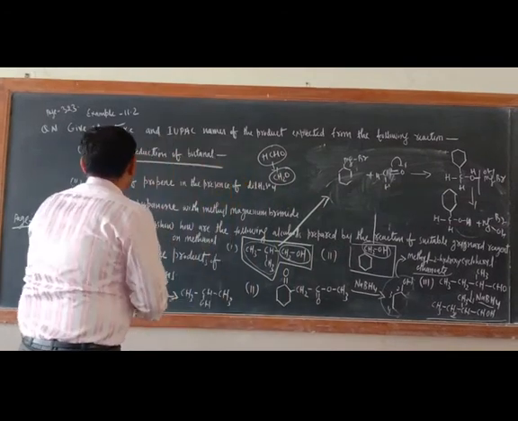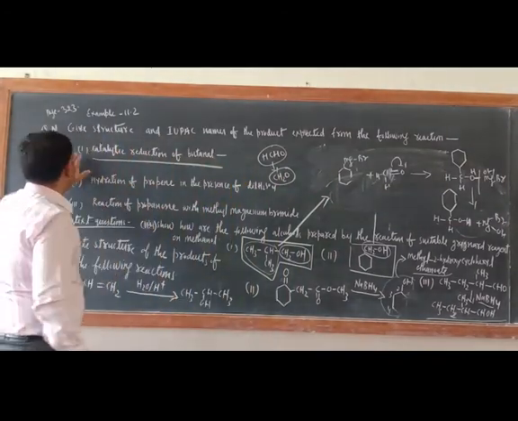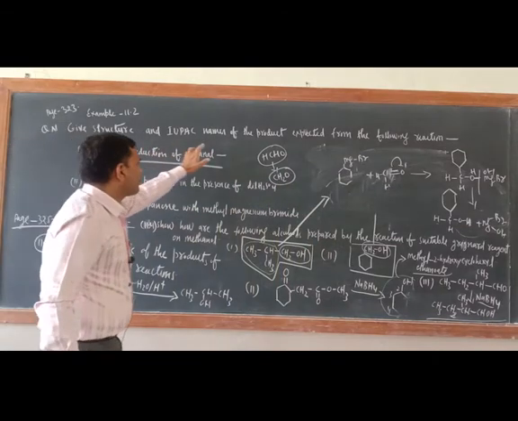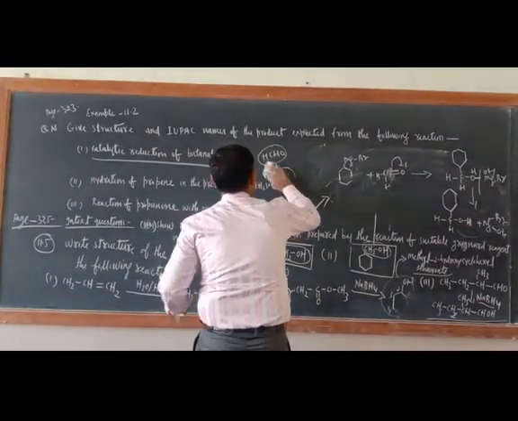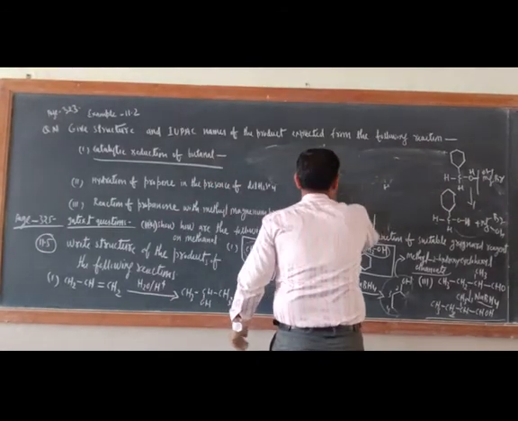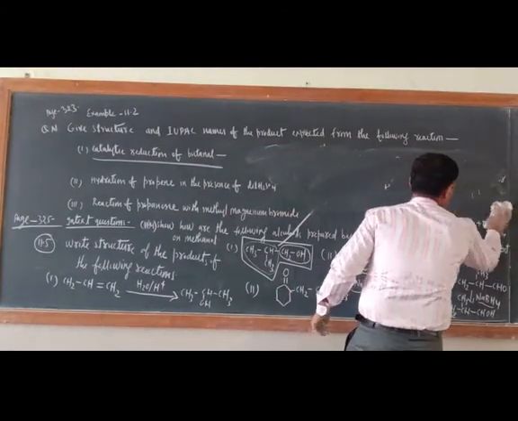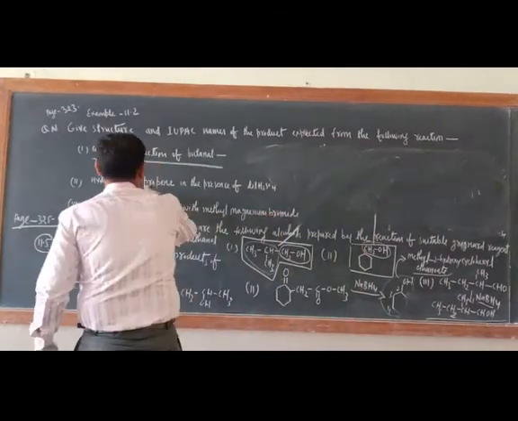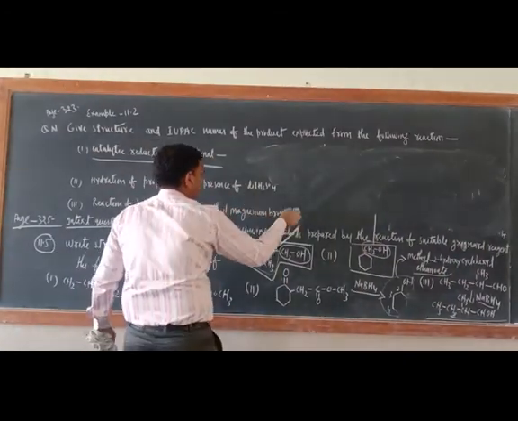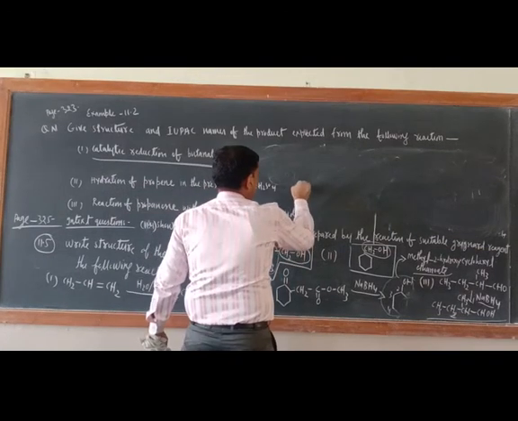Okay, now here they have given some. First one, give the structure and IUPAC name of the product expected from the following reaction. So just see here, we'll do this one also. First one is hydration of propene in the presence of dilute H2SO4. You know, very simple.